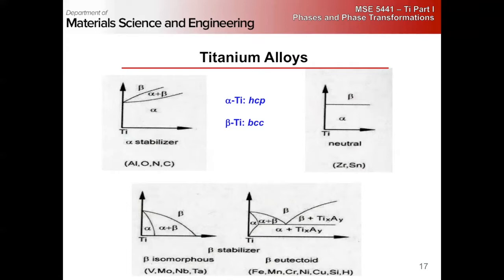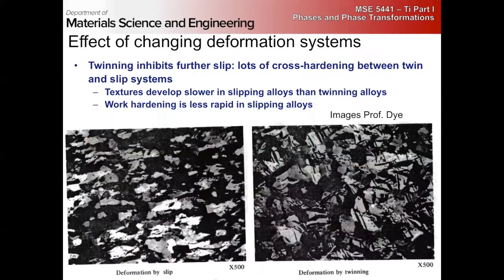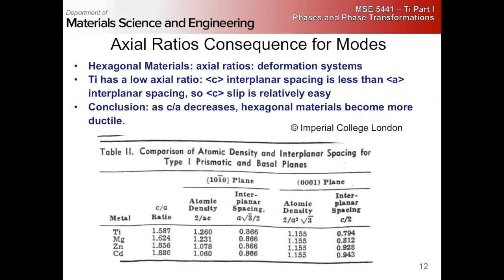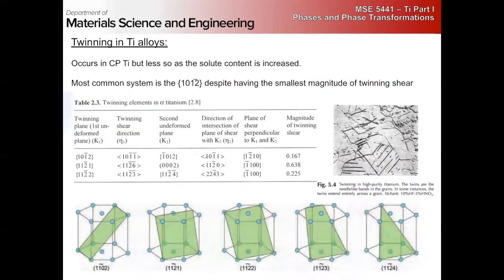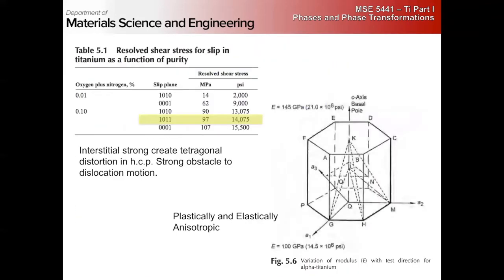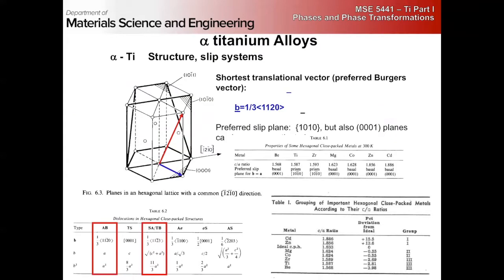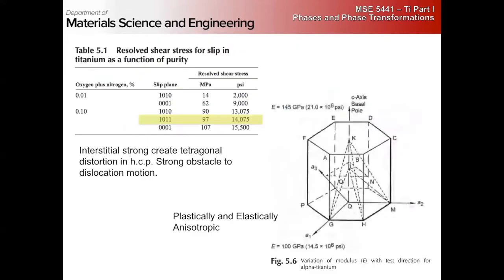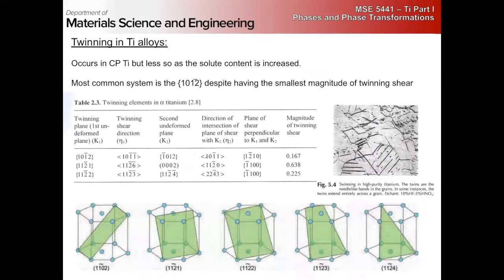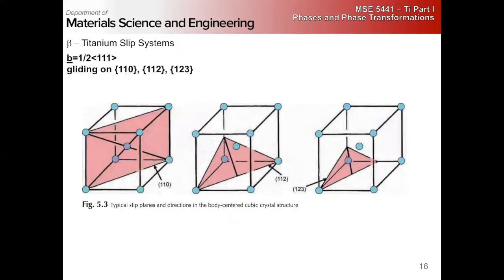So we got started on titanium, and we essentially went through the slip and twin systems for the HCP alpha phase, and we looked at the high temperature beta phase, the slip systems that are available there.